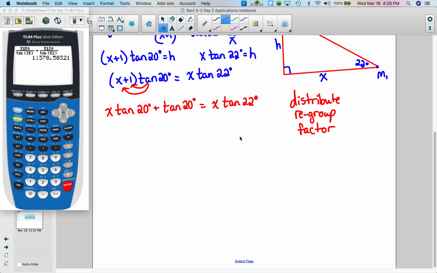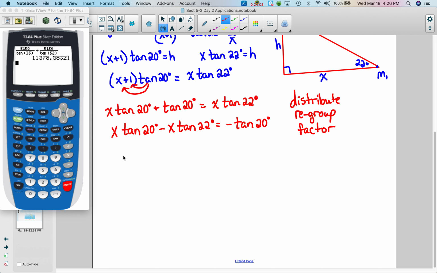Now regroup. When I say regroup, get the x's on the same side. So I'm going to subtract this to the left side, and I'm going to subtract the tangent 20 to the other side. So I have x tangent 20 minus x tangent 22 equals, and when I subtract it over here, it's going to be negative tangent 20. That was my regroup.